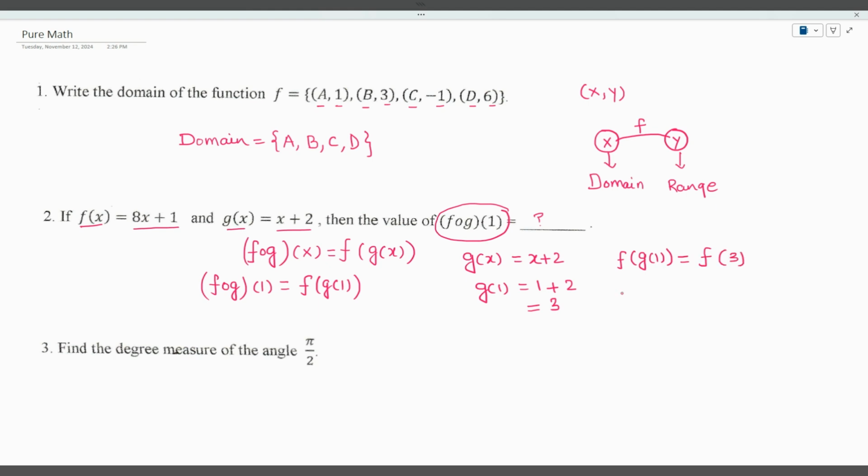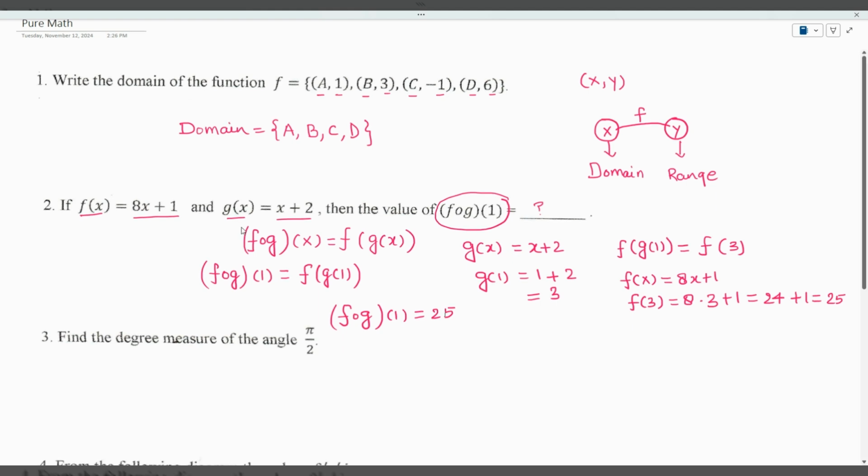So f of 3. In the question, it is given that f(x) is equal to 8x plus 1. So f(3) will be 8 into 3 plus 1, so 24 plus 1 equals 25. So (f∘g)(1) is equal to 25. In this way, you can find the value of composite functions.